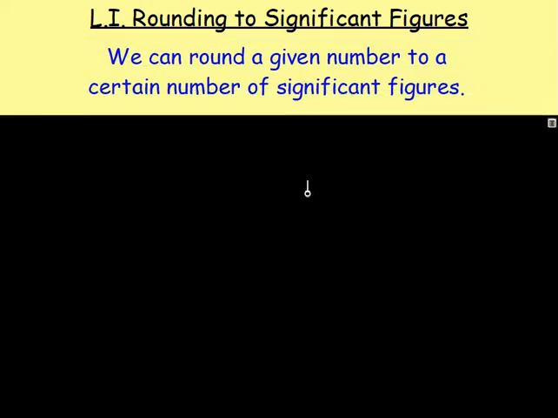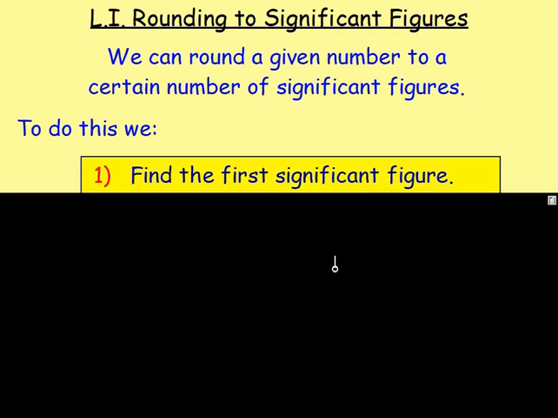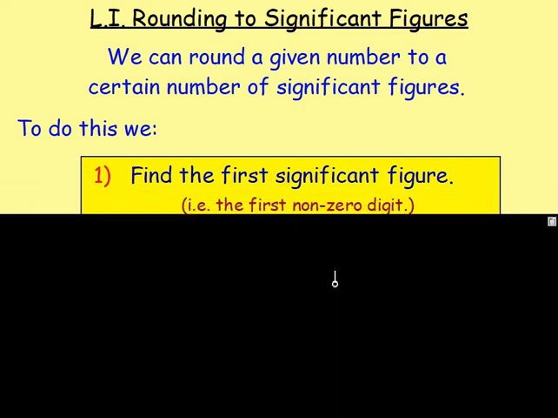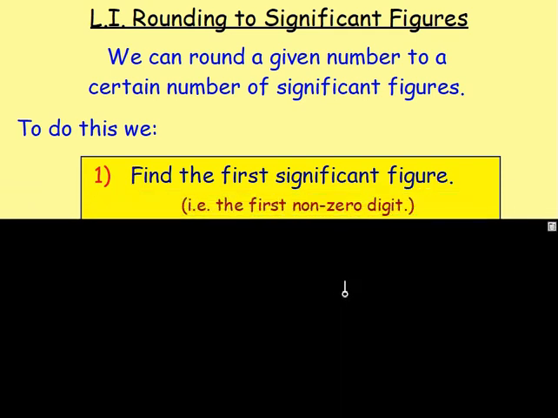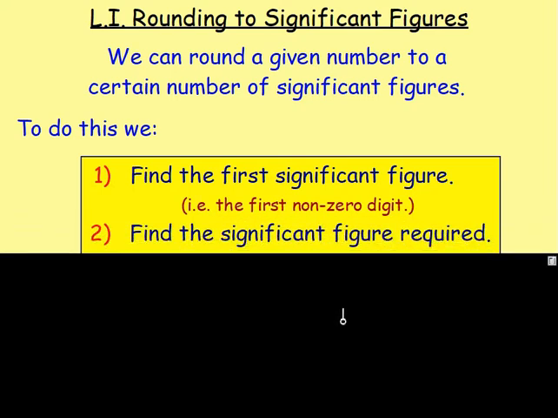The way that is done is, first of all, we have to identify that first significant figure. In other words, the first non-zero digit. After that, we'll look for the significant figure that we are wanting to round to. If we want to round to 2 significant figures, we look for the second significant figure. If we want to round to 5 significant figures, we look for the 5th significant figure.